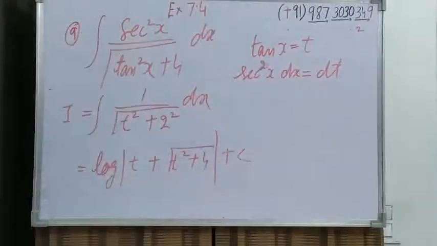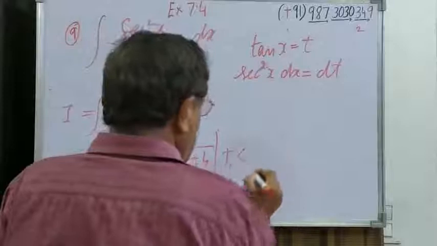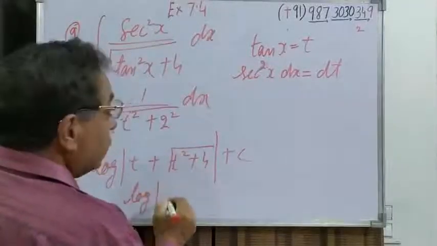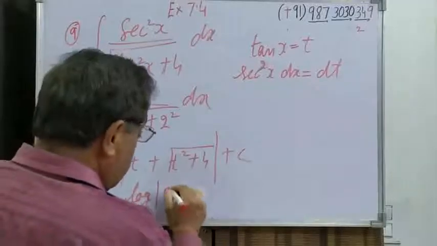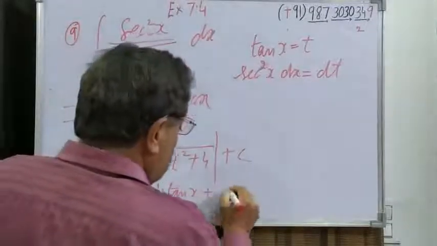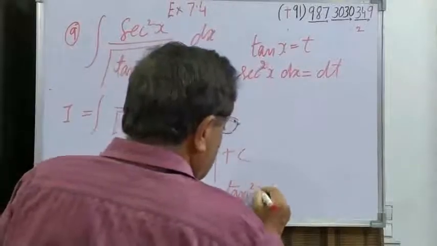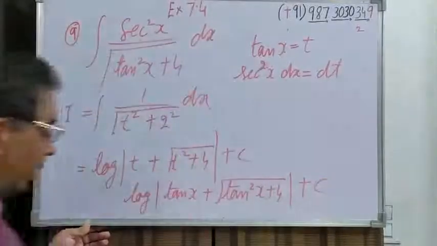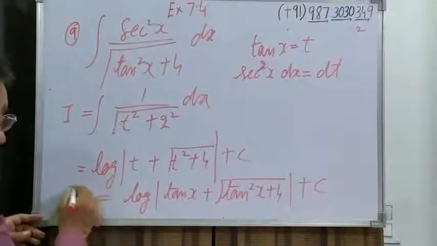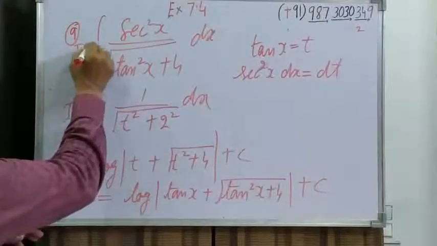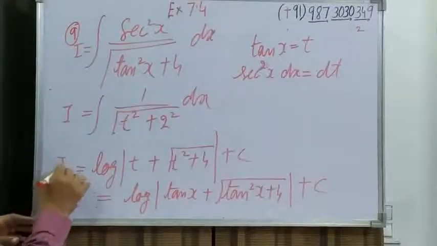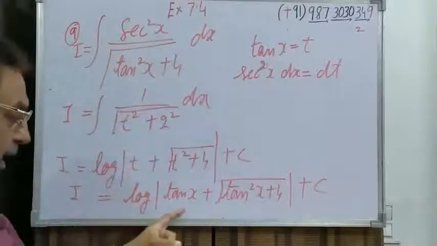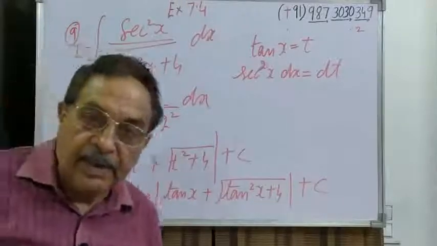Now writing back the value of t, we get log of tan x plus under root of tan square x plus 4, plus c. So this is the final answer of our question: I comes out to be the integration of secant square x upon under root of tan square x plus 4 dx, which is log of tan x plus under root of tan square x plus 4, plus c.